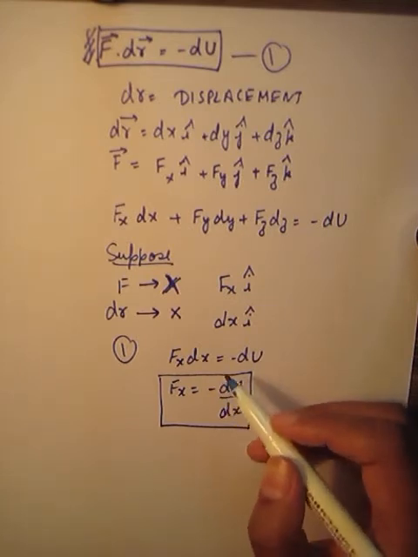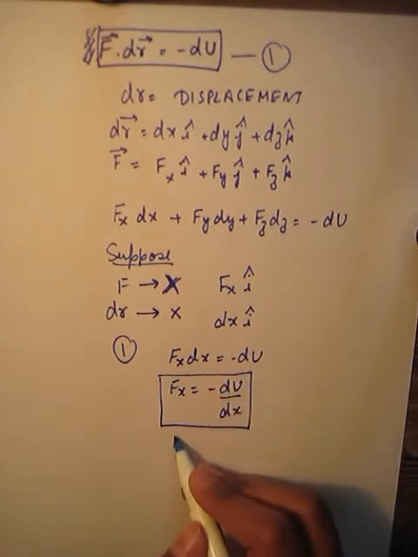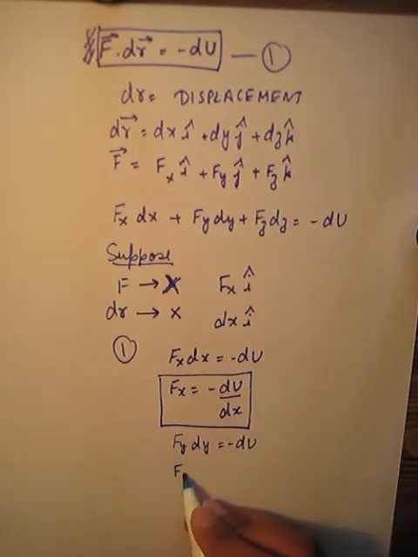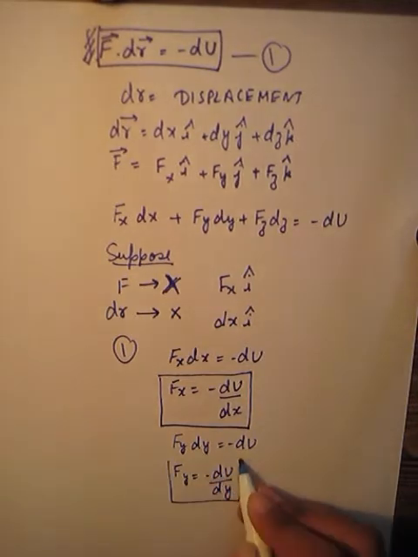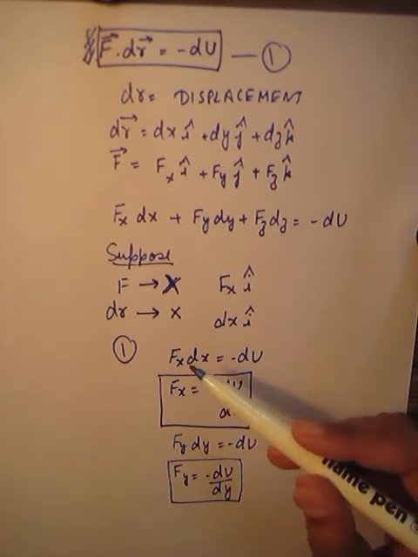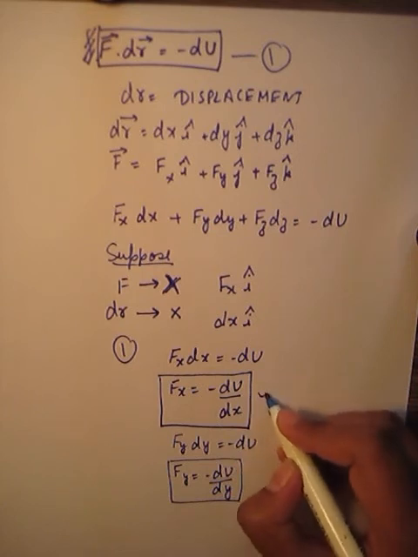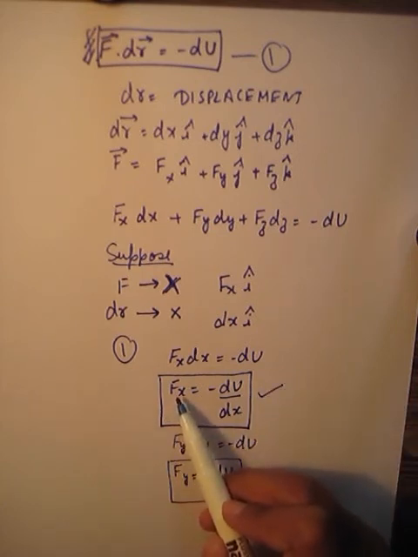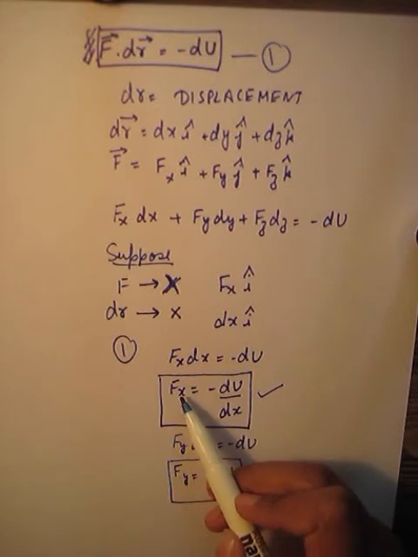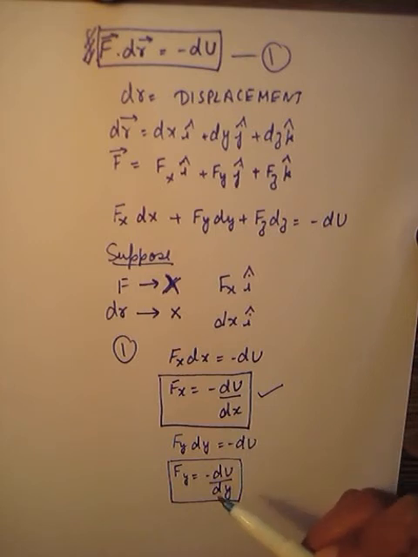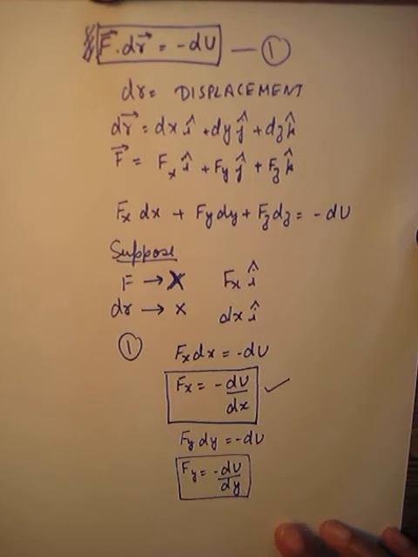Similarly, if it is in the y direction, then you'll only have Fy dy is equal to minus dU, or Fy will be equal to minus dU upon dy. So it just matters in what direction force and displacement are, and accordingly you get these equations. So from here we conclude that a conservative force can be found by taking a derivative of the potential energy of that force. So let us use it for the spring force and the gravitational force.